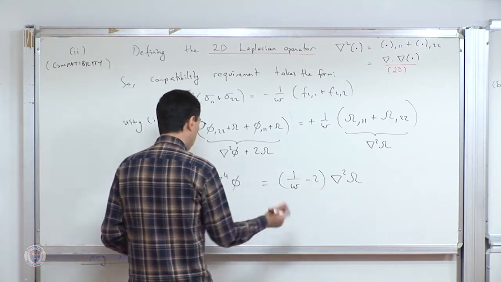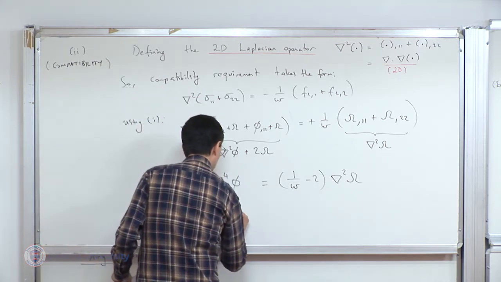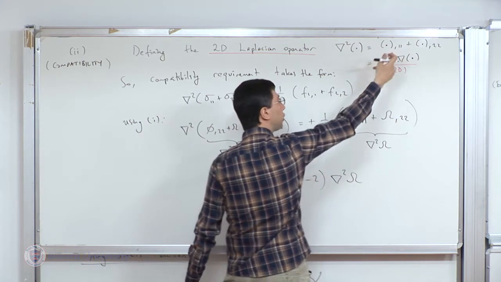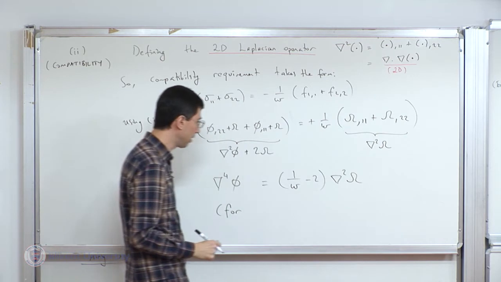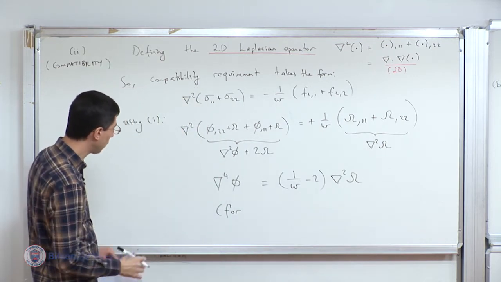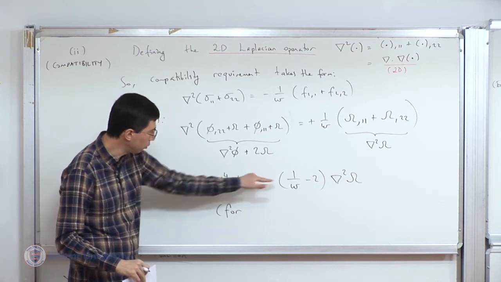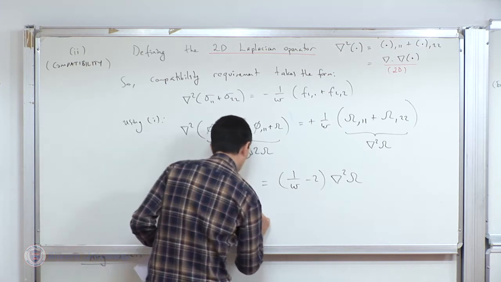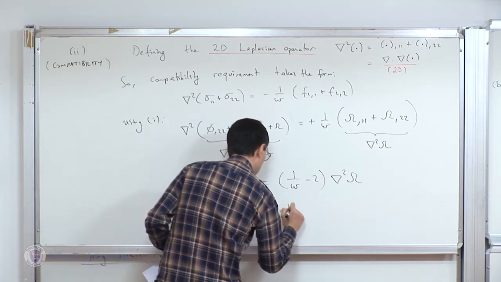Okay? So this clearly holds for all coordinate systems. As usual, my derivation at some point assumes that it's a Cartesian coordinate system. That's what I always worked with last lecture as well. But eventually, once you write this, you can evaluate it in any coordinate system. So this is true for all coordinate systems.